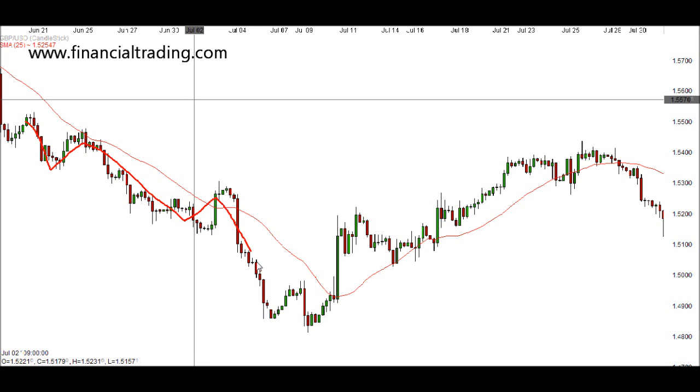Our moving average is heading down, showing us that price is in a downwards direction. And the moving average starts to change direction and head in an upwards direction just around here, the end of this trend, before price does head on the upside.